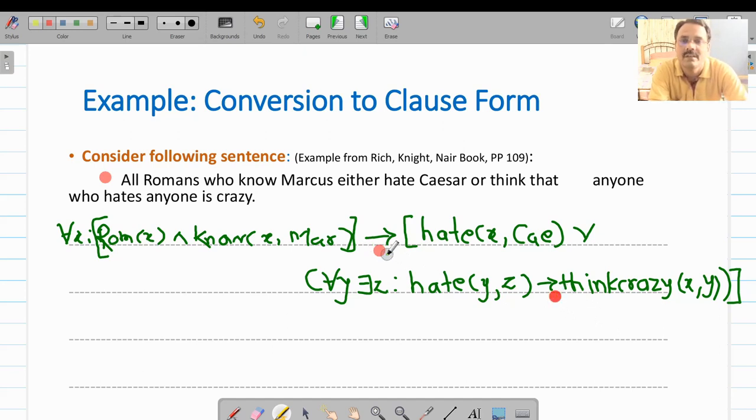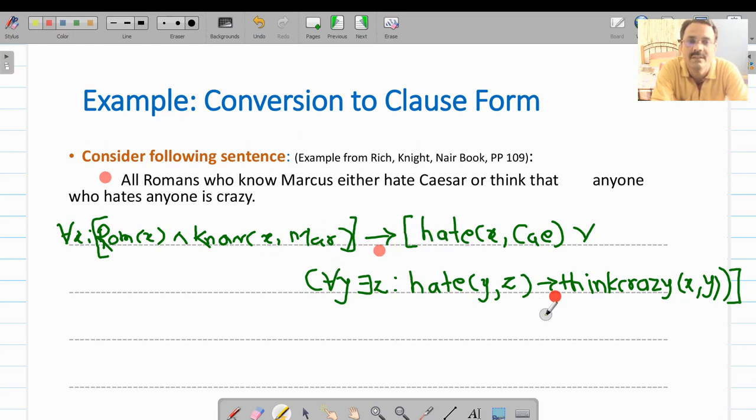So this implication, if you remove, then not of whatever you have on the left hand side, or whatever is on the right hand side. So you are going to write not Roman x and not, that we will do afterwards, not Roman x and knows x Marcus in the bracket, or the right hand side as it is.